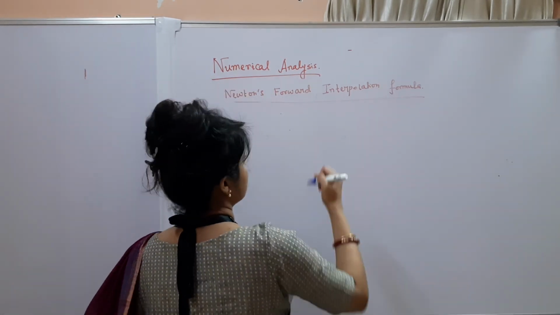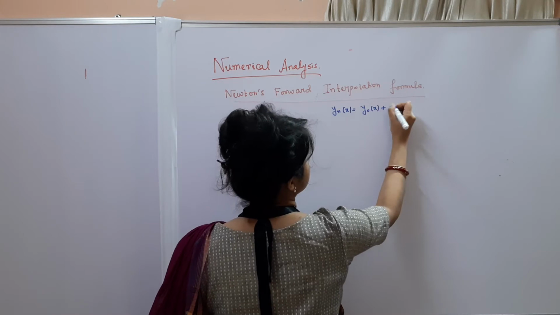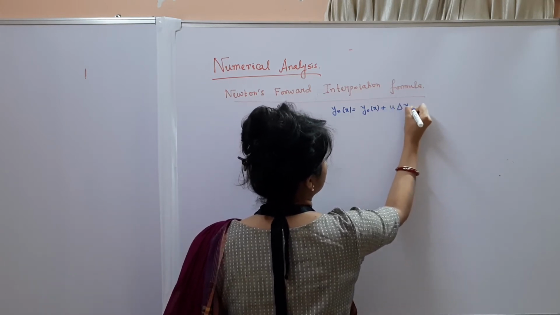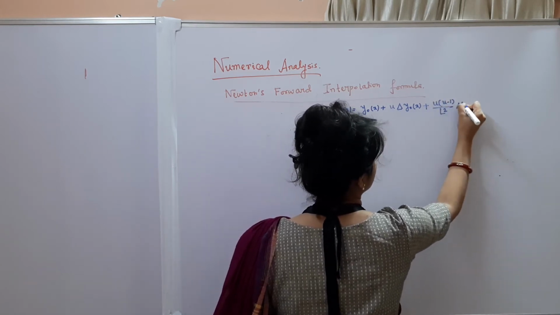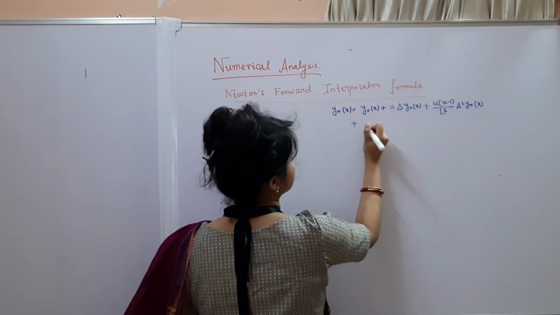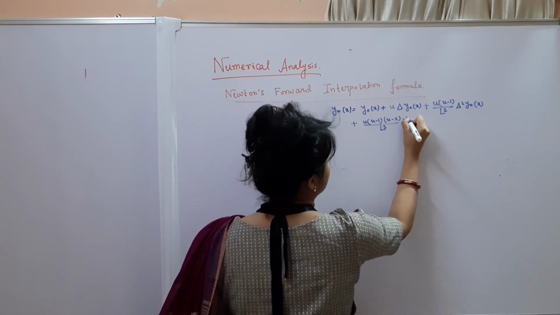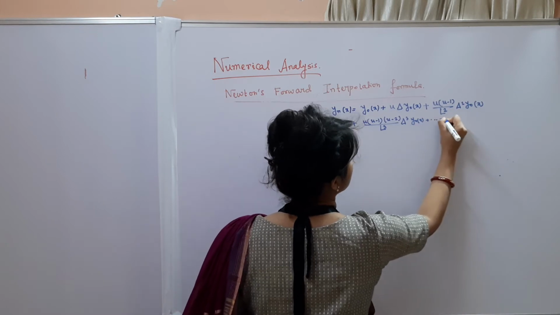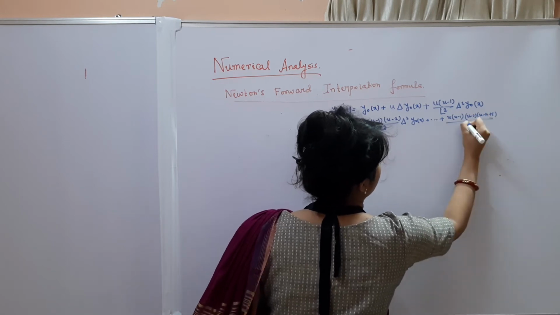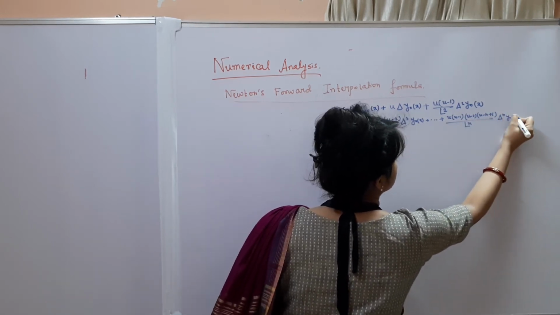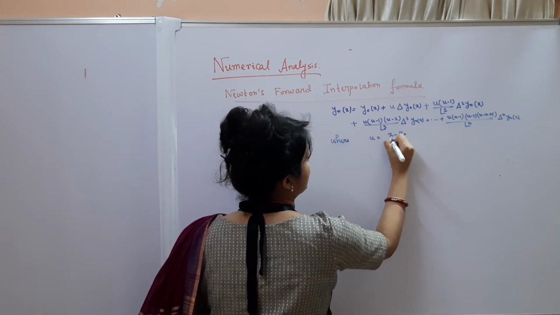The formula for forward interpolation, I am writing here once again: y0(x) plus u into delta y0(x) plus u into (u minus 1) by factorial 2 delta square y0(x) plus u into (u minus 1)(u minus 2) by factorial 3 delta cube y0(x) plus up to u into (u minus 1)(u minus 2)...(u minus n plus 1) by factorial n delta n y0(x), where u is equal to (x minus x0) by h.